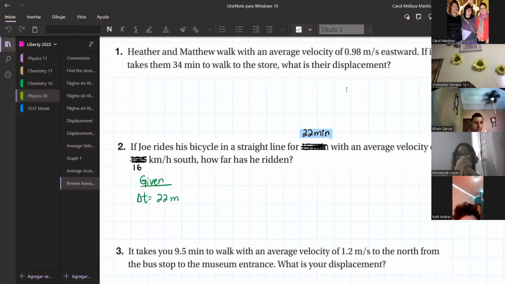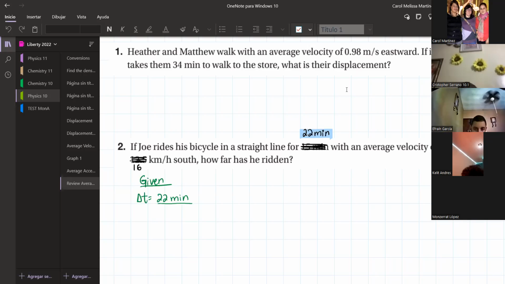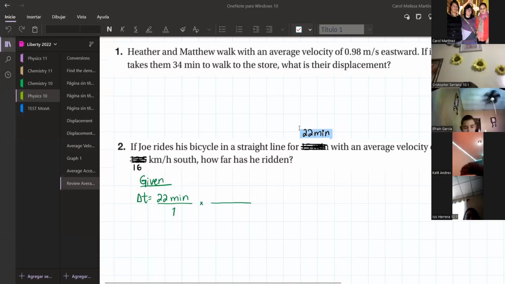But as I told you since the first day of classes, we need to always make the conversion. So if I give you minutes, you need to convert to seconds. The conversion factor between minutes and seconds is in 1 minute, you have 60 seconds. So where are you going to write the minutes? Down.